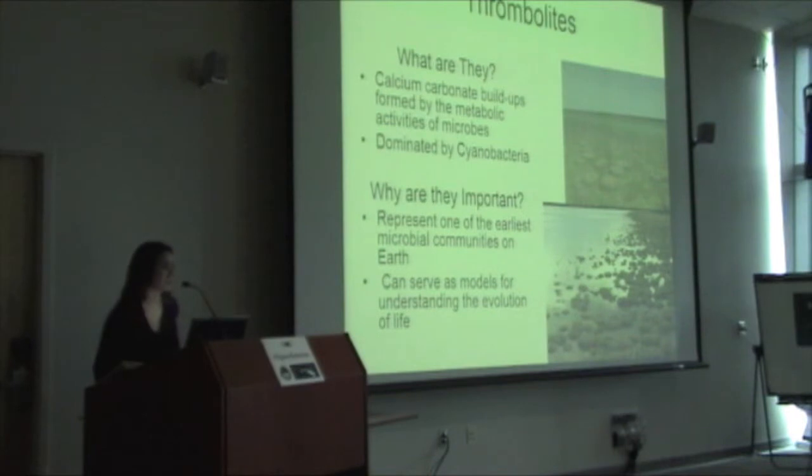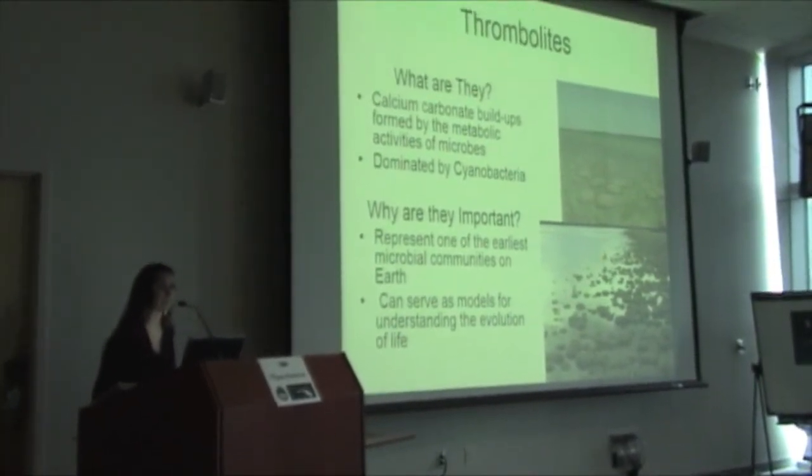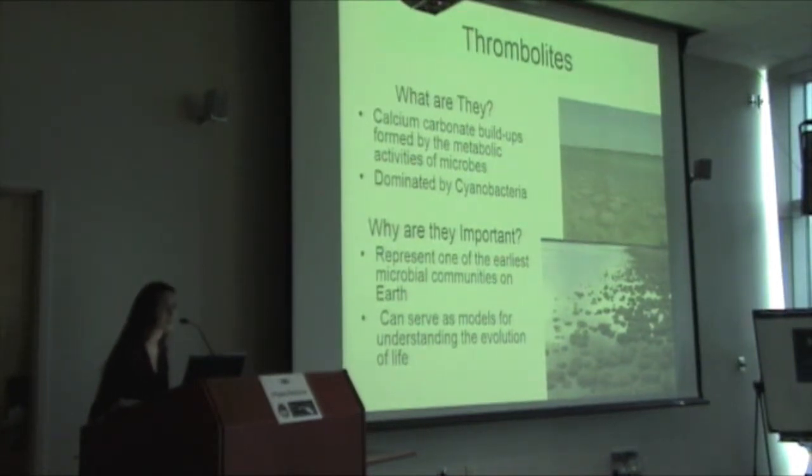So what are thrombolites? Basically, they are rock-like structures that are made from the metabolic activities of microbes. A microbe that is most significantly dominant in the thrombolites is cyanobacteria.